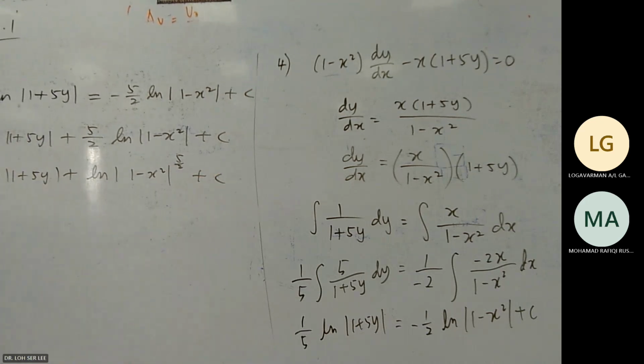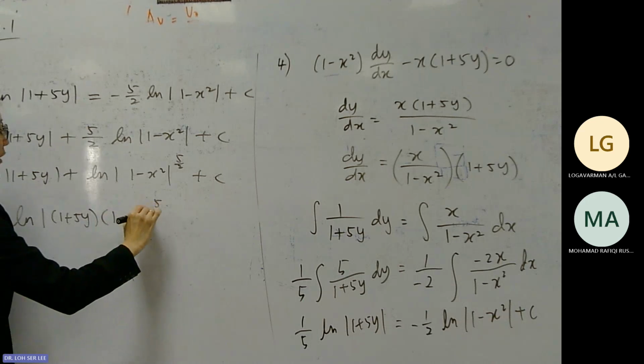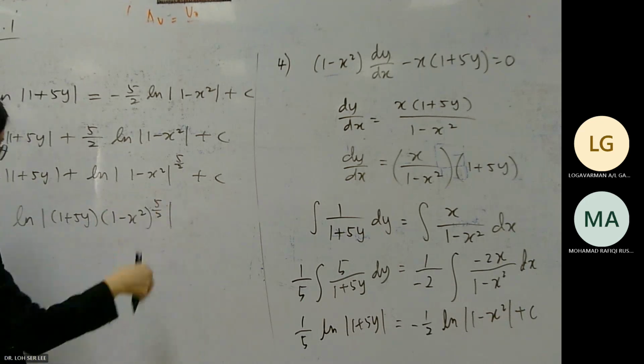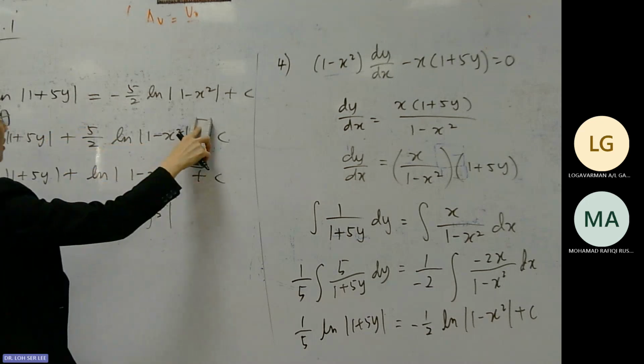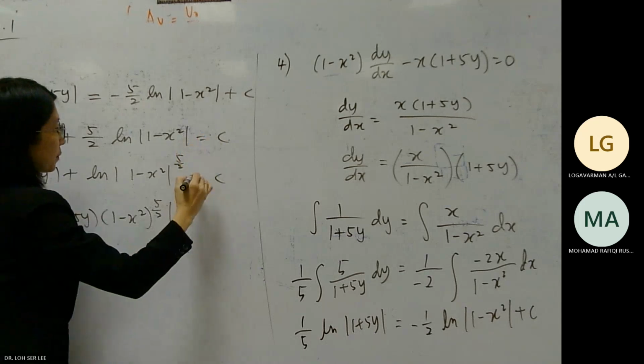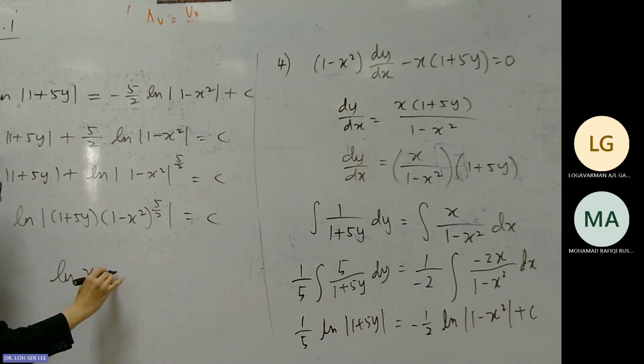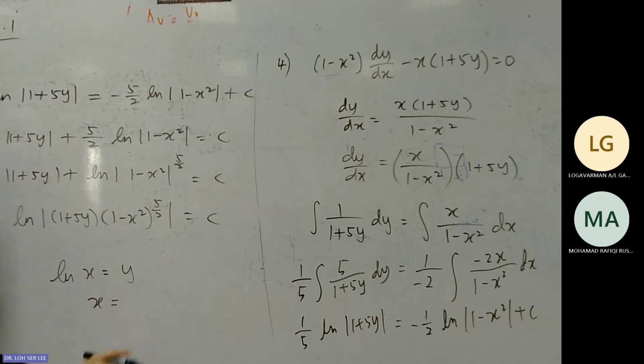And then ln a plus ln b is ln ab, meaning that you have 1 plus 5y times 1 minus x squared to the power of 5/2, equals c. Then ln x equals y, so what is your x?